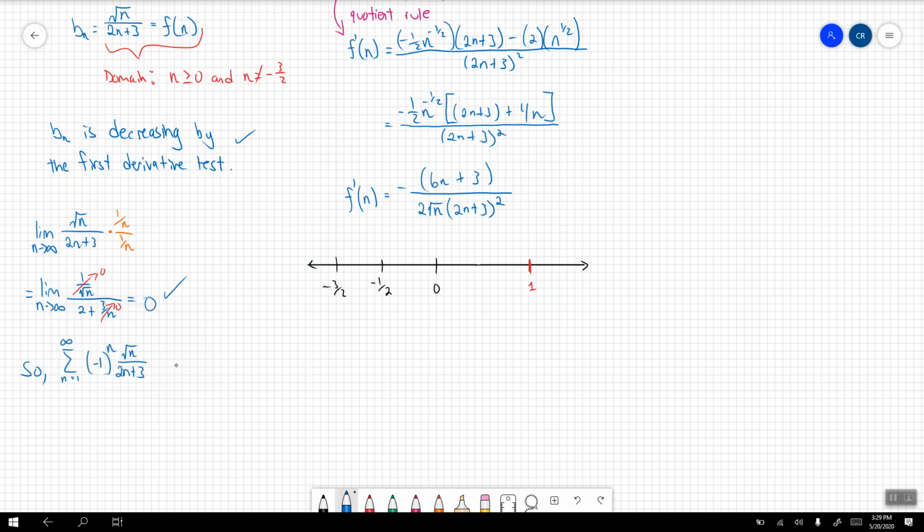So the series here is convergent, and I'm going to say by the use of the alternating series test. There we are. Awesome. So this series does converge.